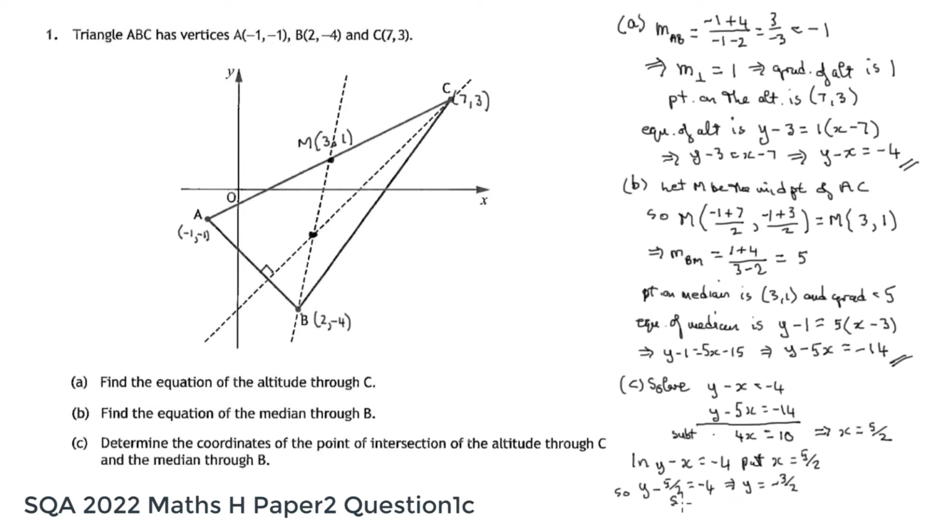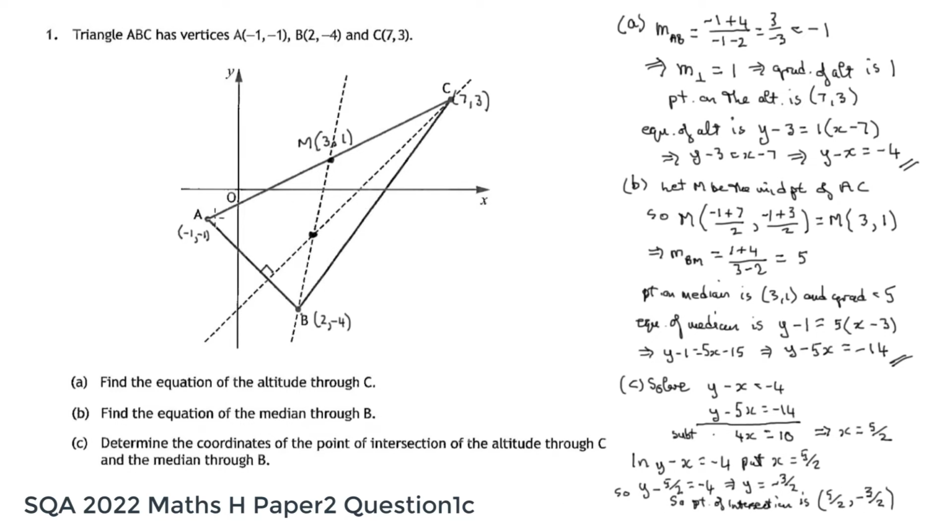And so we can finally say the point of intersection is (5 over 2, negative 3 over 2). And just check that. We checked the 5 over 2. Let's check the negative 1.5.